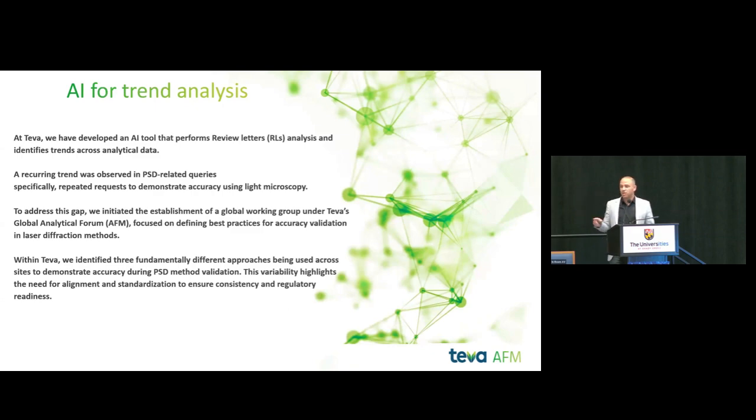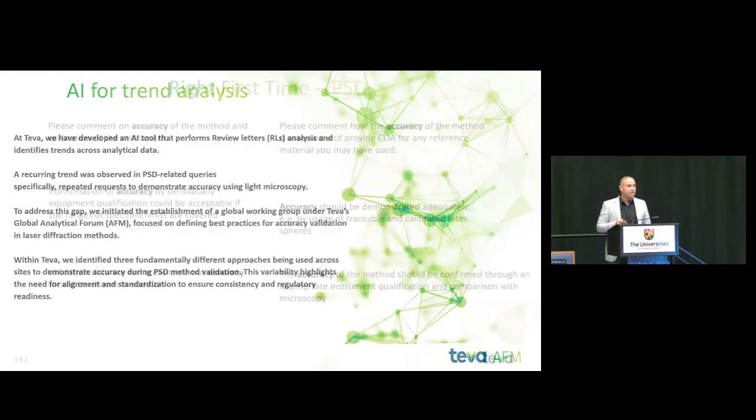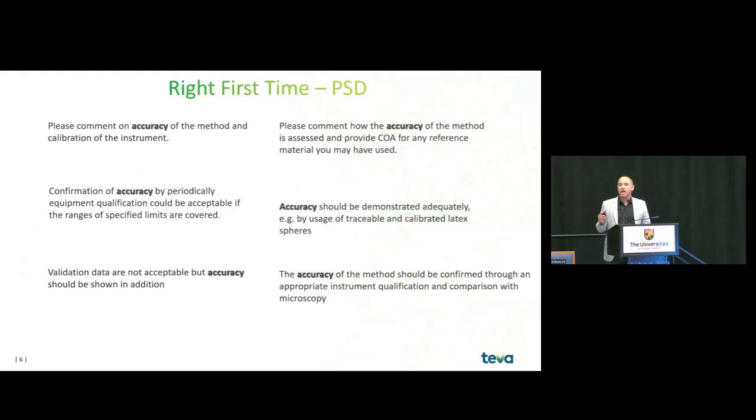So in general, it's more than 300,000 pieces of information that we search within. And using this, we have located the main painful point. For the first cycle that we did this analysis, it was accuracy. For 3 years, 9 out of 9 questions related to particle size laser diffraction, the word accuracy came in.